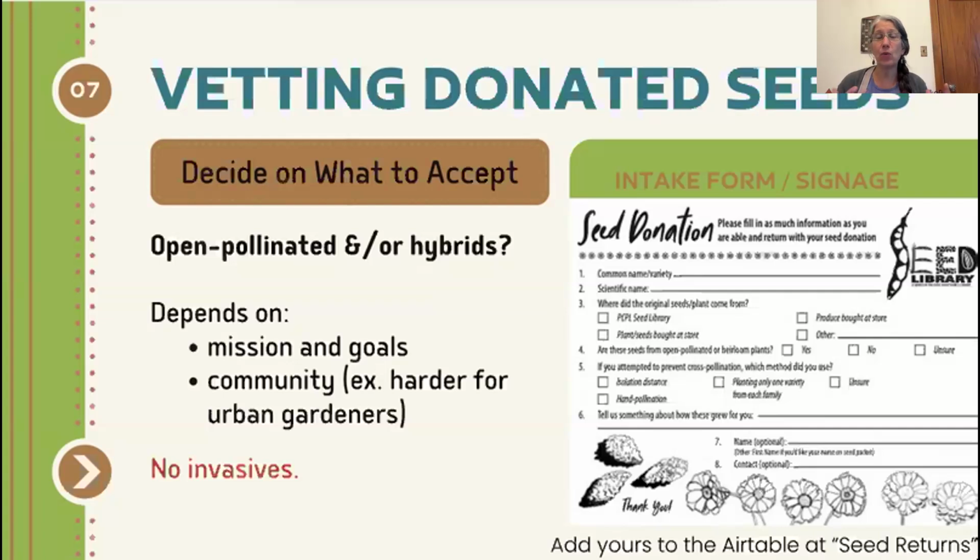You need to decide what your goal and your mission is, what your setting looks like, because of the population size needed in an urban garden. Let's say, for example, broccoli might need 20 plants to maintain the genetic variety. That's a little hard for most urban gardeners to do.